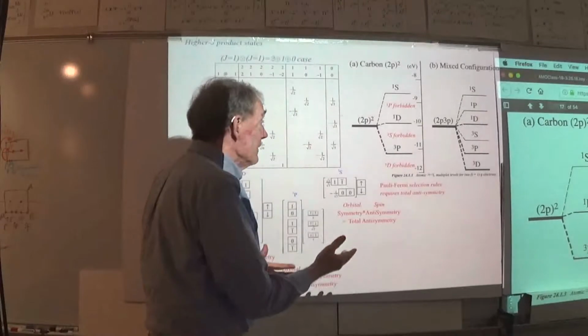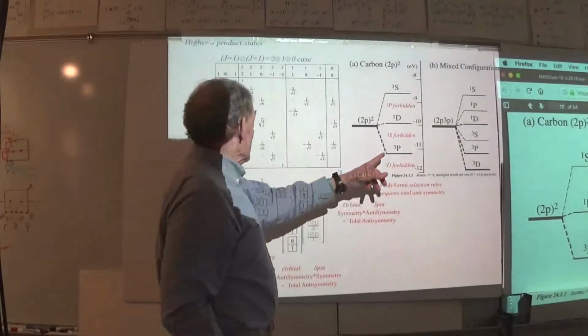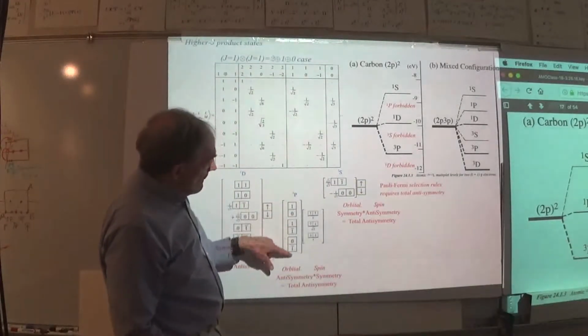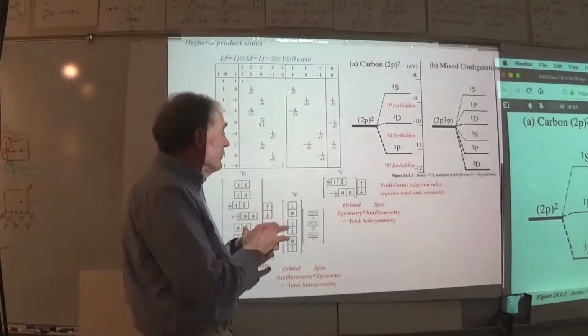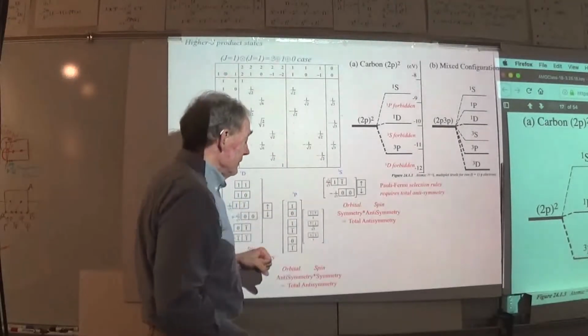But the triplet, that's just the opposite here. When you talk about a triplet, that's this guy right here. Then the orbital part is antisymmetric. So there's zero probability that they're actually on top of each other, whereas the largest probability is that they're going to be on top of each other there.